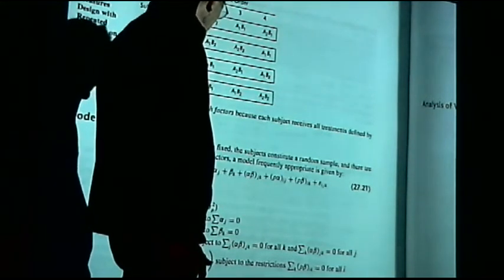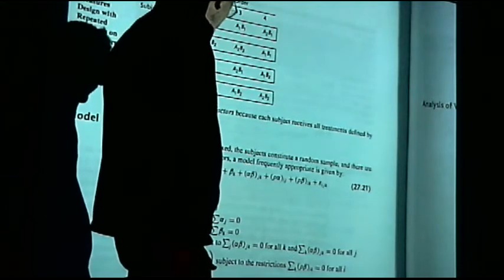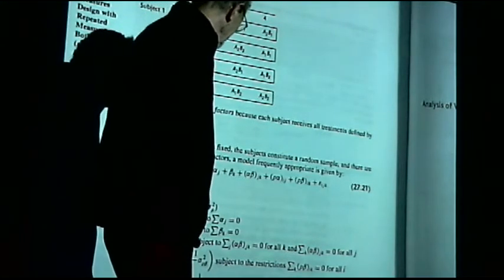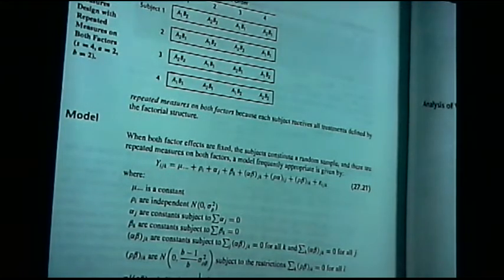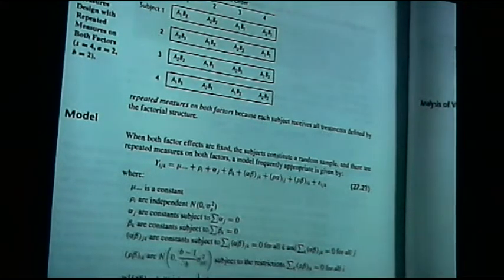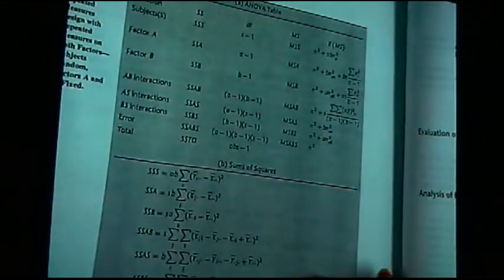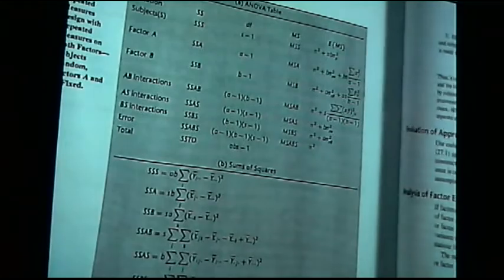But be that as it may, this is the only model that our text talks about, so we'll stick with this one as far as what we're doing. So then there's some formulas in the textbook about various kinds of stuff.